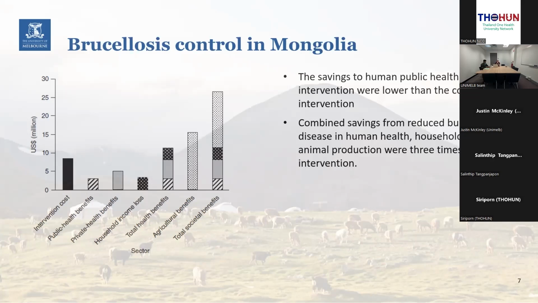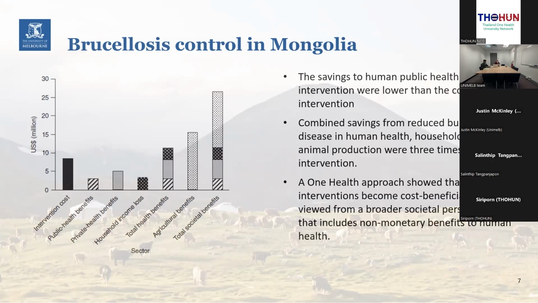So by having this One Health understanding of the benefits outside of just one of the sectors, you can then begin to understand that it is an intervention that's worthwhile, with really significant returns for the cost of the intervention.